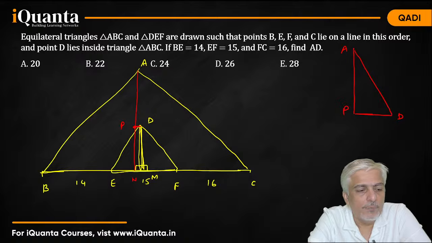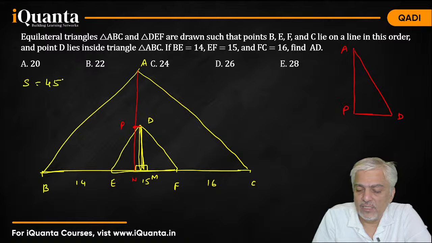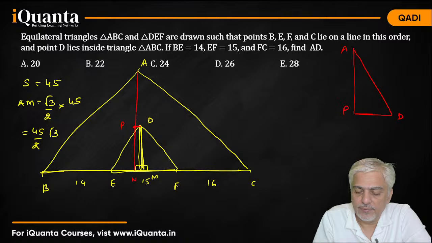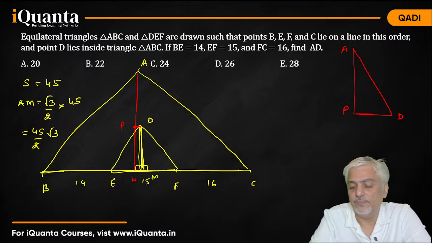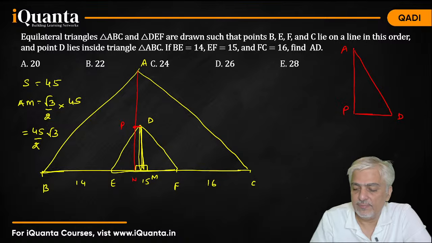Now, the bigger equilateral triangle is how much? 45. The bigger equilateral triangle's side is 45. So the height AM will be root 3 upon 2 into 45. You can leave it as it is, 45 upon 2 root 3. This is AM. Smaller equilateral triangle, the side is 15.